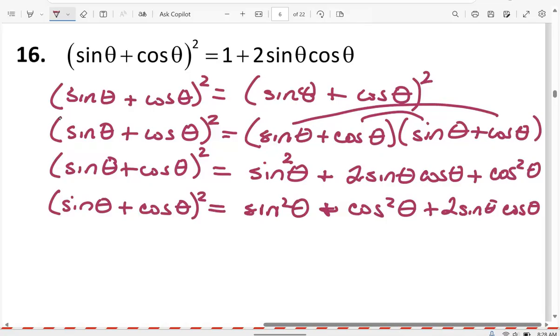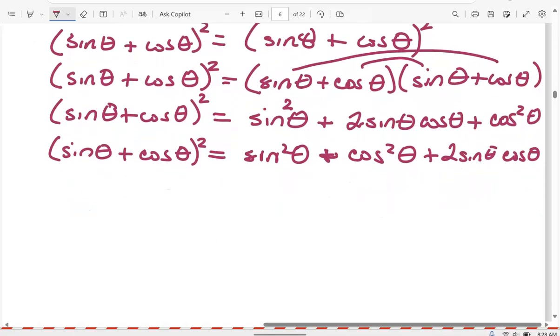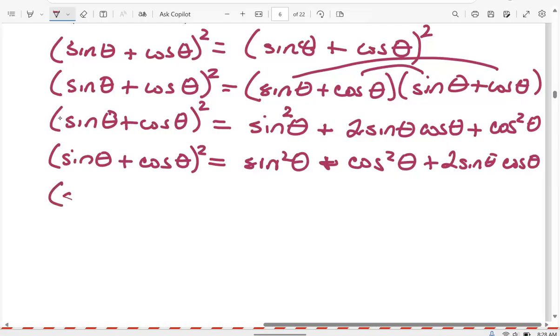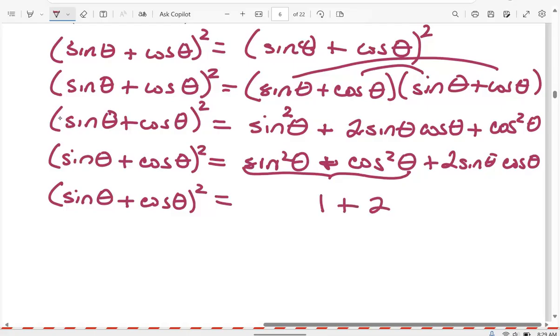And I did that because, looking at our target, 2 times the sine of theta times the cosine of theta is by itself as a last term. Now we have one more thing to do on the right side of the equation, and that is sine squared of theta plus the cosine squared of theta is equal to 1 because of the Pythagorean identity.